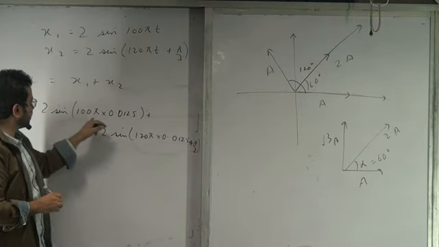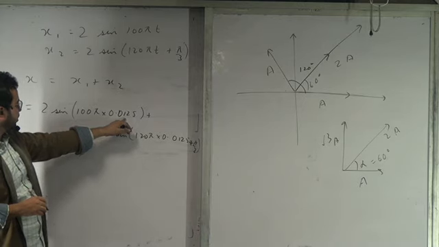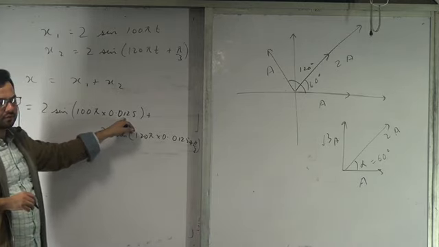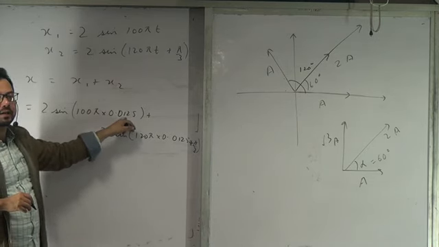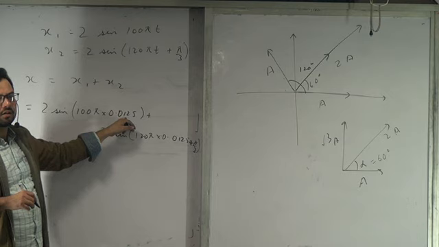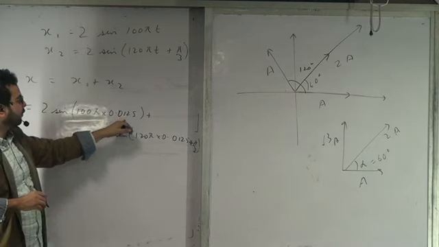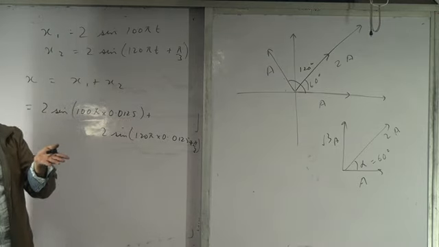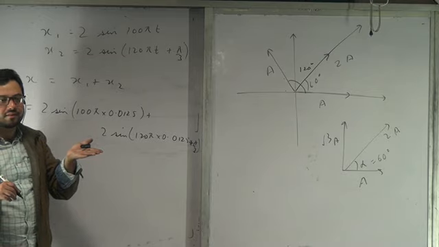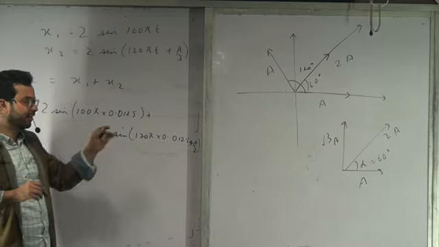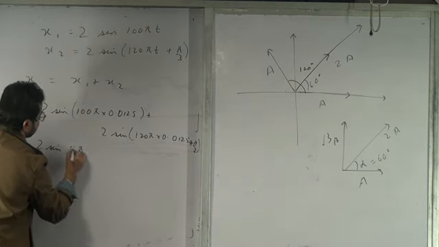Okay, so this becomes 1.25 pi. How much is 1.25? 5 by 4, no? So this is 2 sine 5 pi by 4.